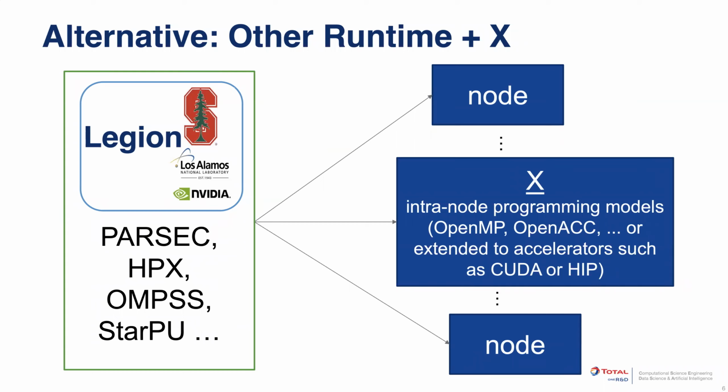Among all the emerging techniques, task-based programming systems have been recognized as a promising alternative for bringing a higher level of parallelism. Some popular runtimes include Legion, Parsec, HPX, etc.